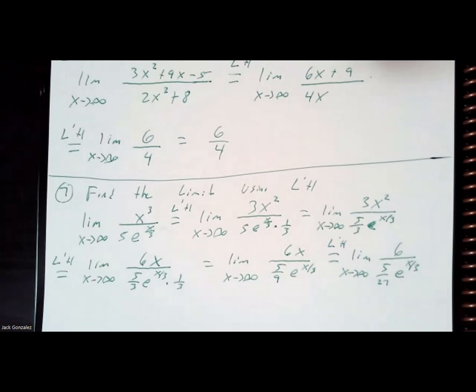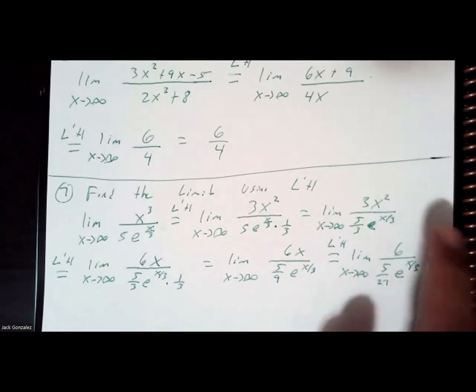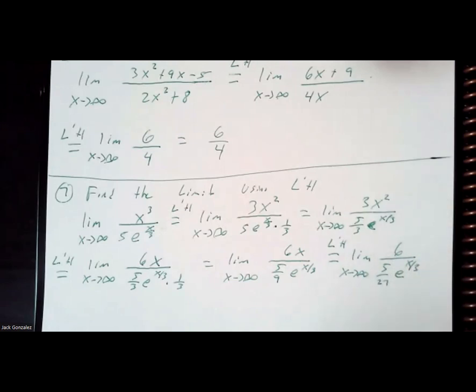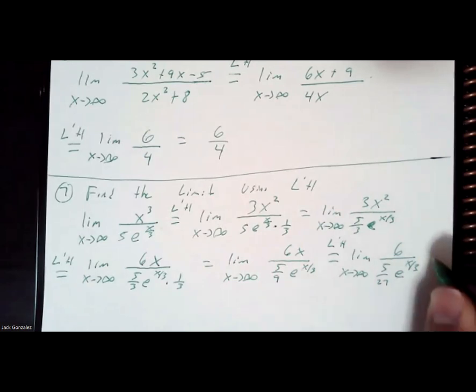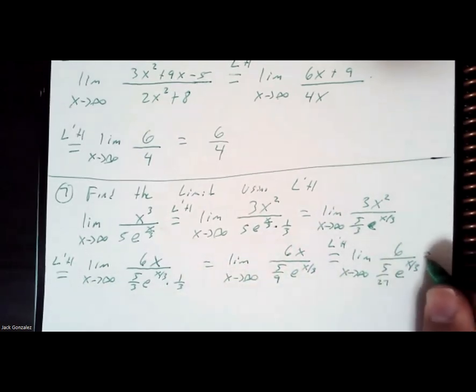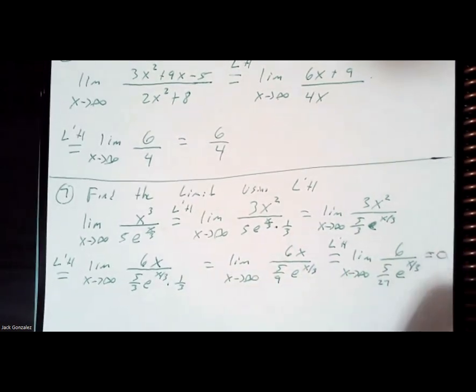Well, if it gets infinitely big on the bottom, that means the entire fraction would get infinitely small. So this would become 0. Does that make sense?